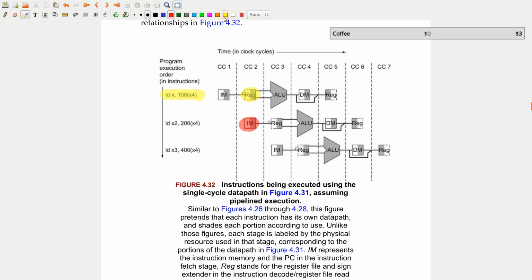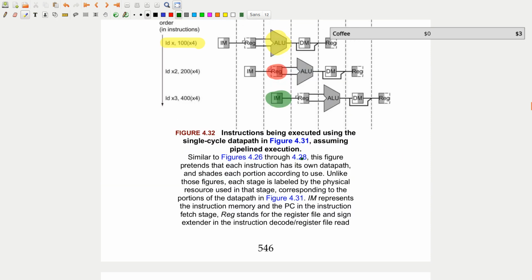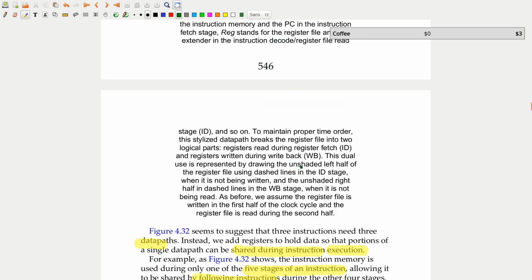While we're calculating the address, this instruction can give up the instruction memory, take the register file, and then the next instruction can use the instruction memory. So it's this constant trade-off of who's using which functional unit. But we don't need to replicate each of these 3 times, or however many instructions we're using.